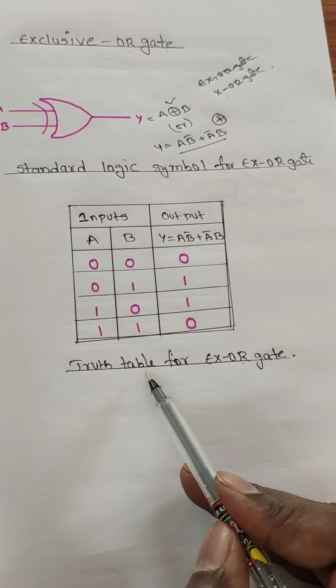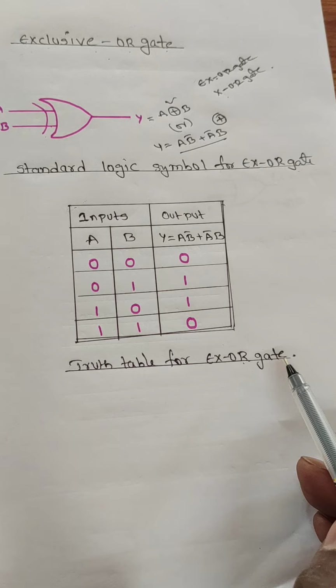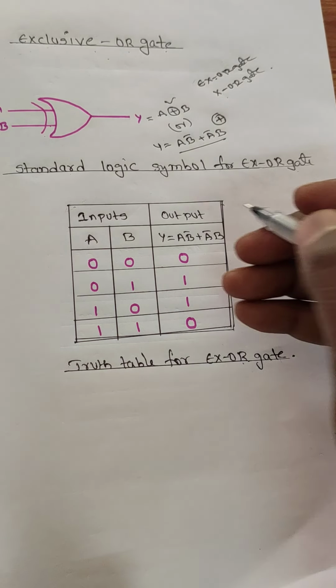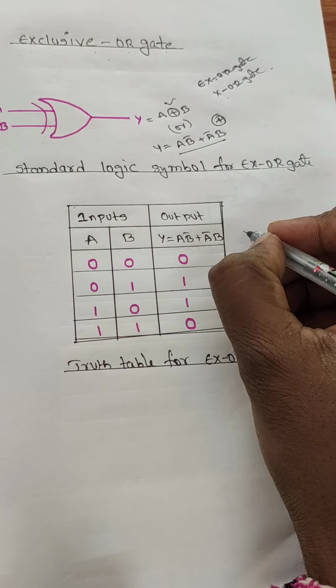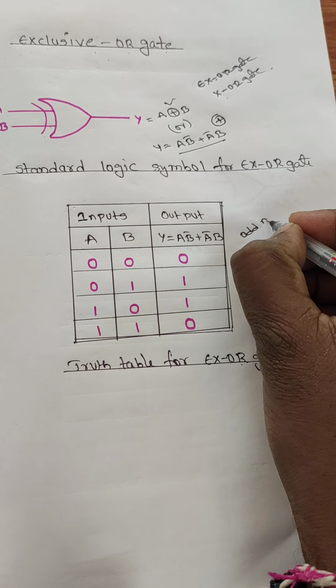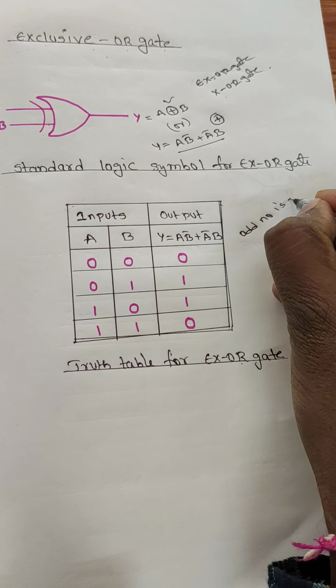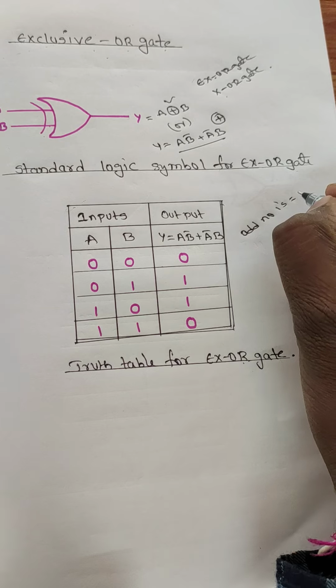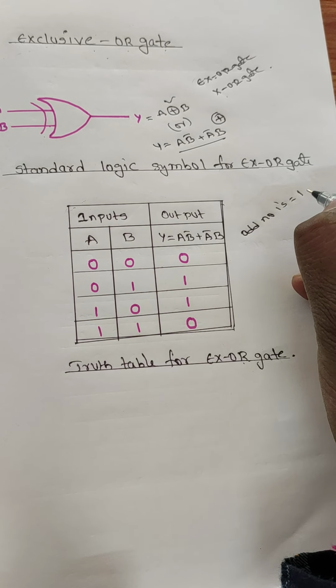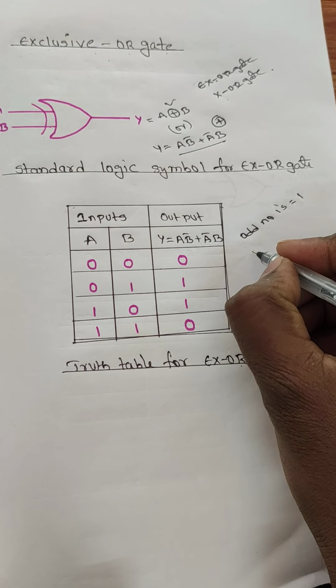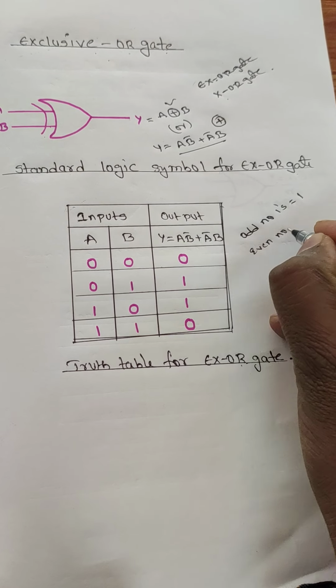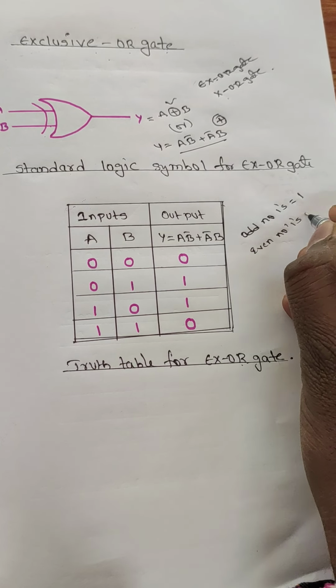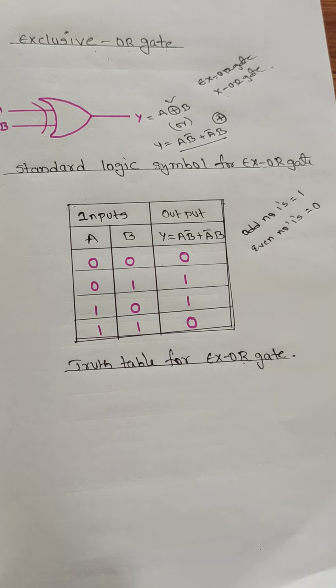Coming to the truth table of the XOR gate, when there is an odd number of ones, the output will be 1. When there is an even number of ones, the output will be 0.